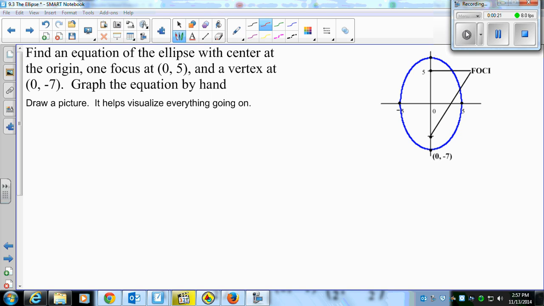So as you see here, we're going to graph. We have our vertex (0, -7), and we have one focus here at (0, 5).